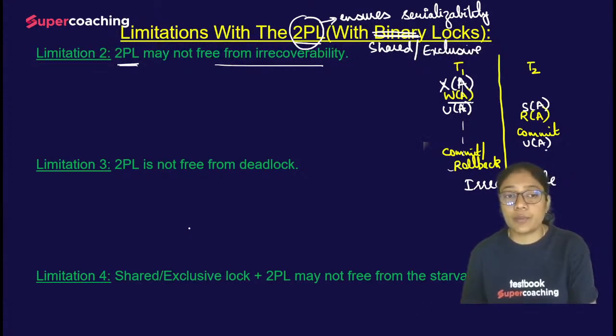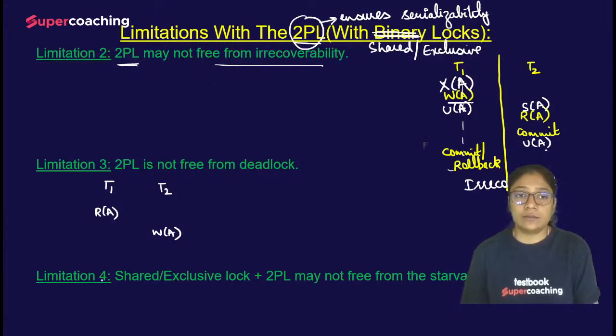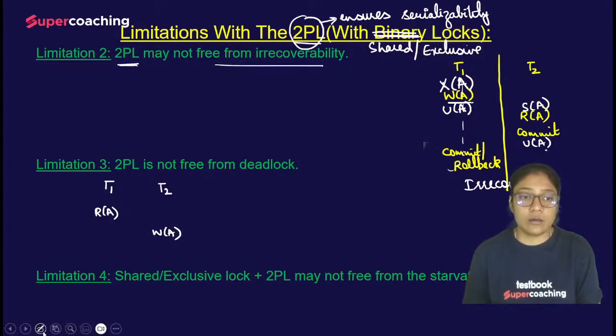How is it not free from deadlock? Let's consider the example for this one. Let us assume that transaction T1 wants to perform a read operation on data item A. Transaction T2 wants to perform the write operation on data item A. Okay, we can consider the same example. Now it's 2PL, so accordingly we have to design the examples.